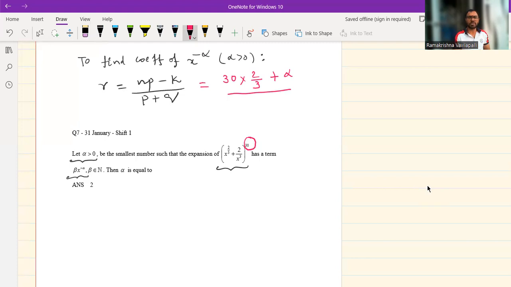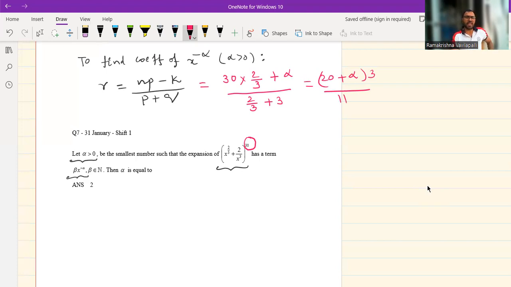So p plus q is nothing but 2 by 3 plus 3. This gives 20 plus alpha after simplification into 3 by, you will get 3 3s 9 plus 2, 11.